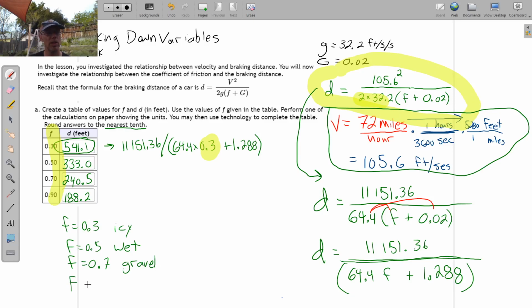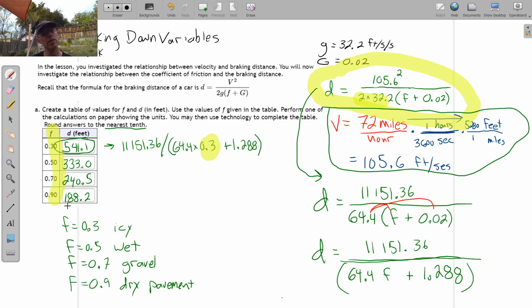And then 0.9 is probably like dry pavement. Okay, so the higher the friction, that means the better your tires are gripping when you try to stop. The lower the friction means it's pretty slick.